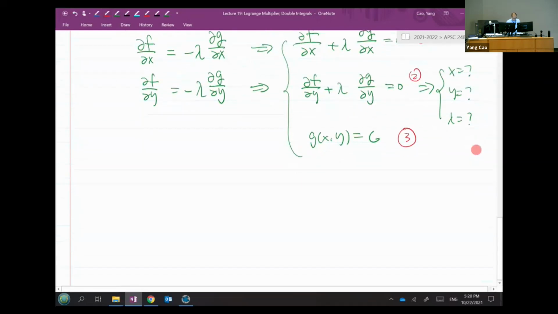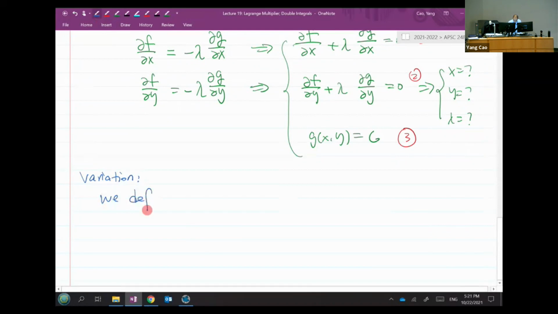Good. So we'll take a look at an example of how to solve this. But before we look at an example, I want to introduce a slight variation of this formulation. This variation is more common if you study optimization problems further.